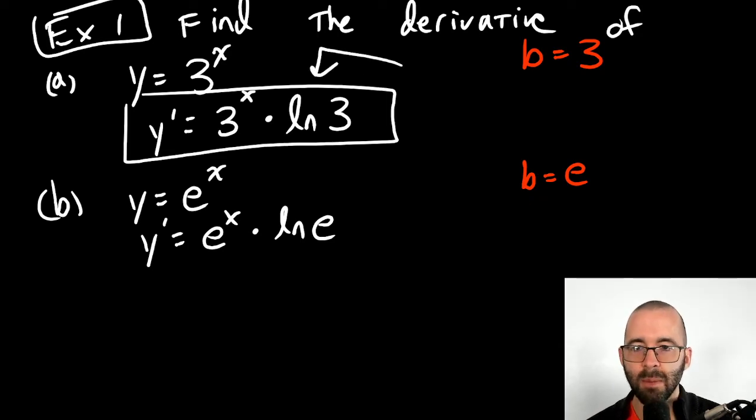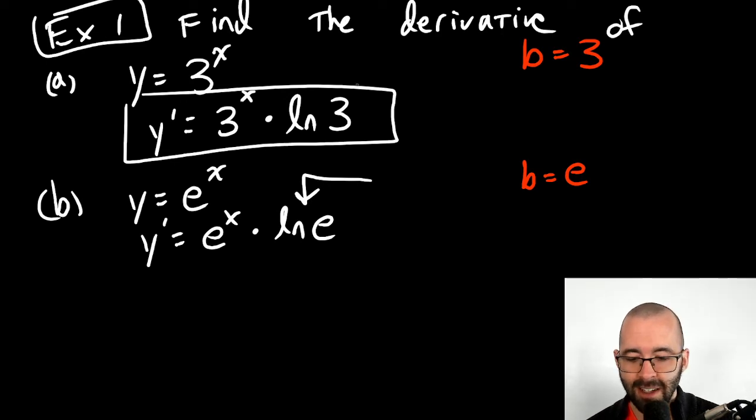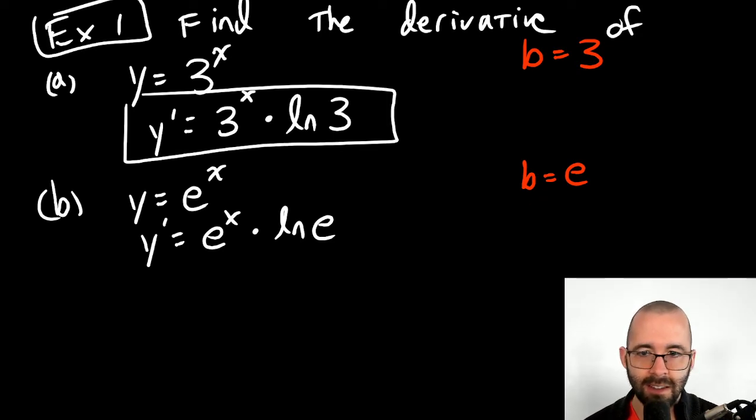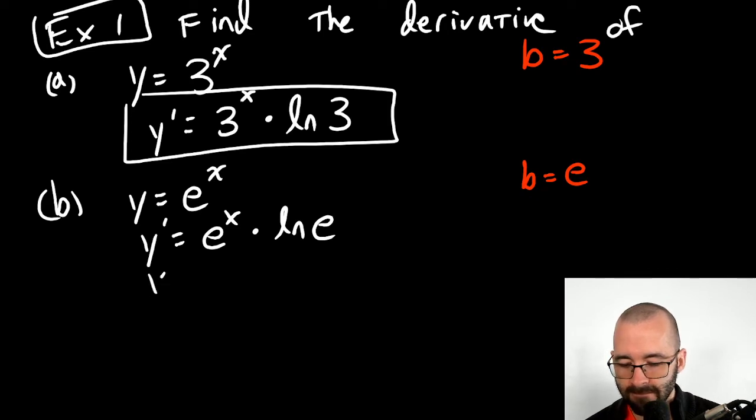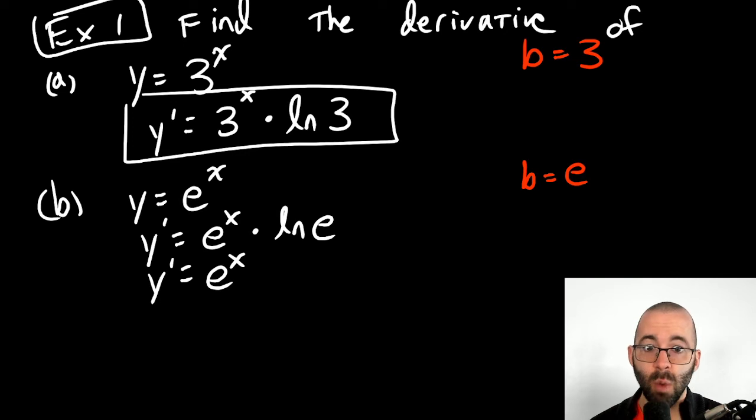Well, in the previous example, we couldn't really do much with this. Natural log of 3 is some messy, irrational number, but this is a really nice number. This is e raised to what exponent gives us the inside, which is e. E to the first power gives us e. Right, this is log base e. So the derivative of e to the x is just itself times 1.